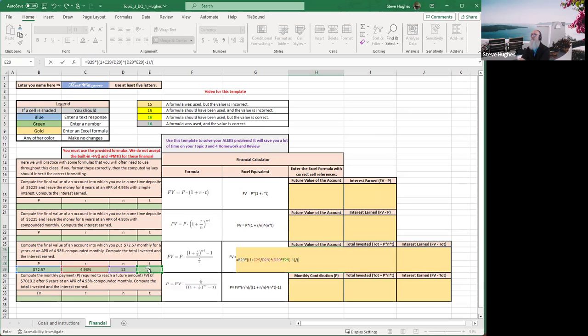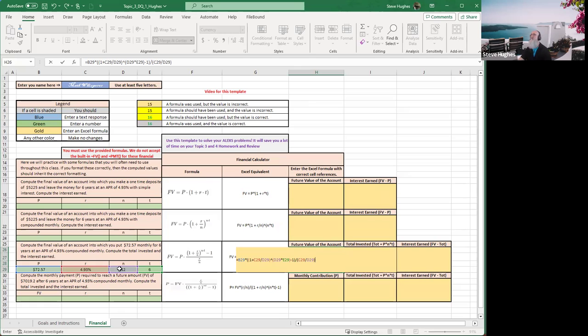I've got to do R divided by N. I know my formula's disappeared, but I'm going to go with it. R divided by N, and close my parentheses.